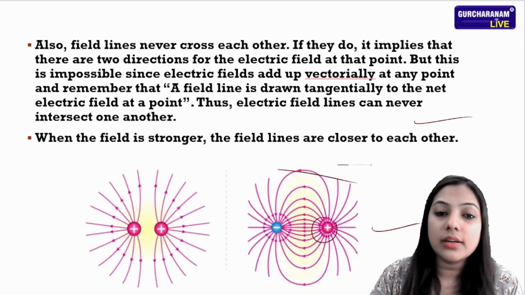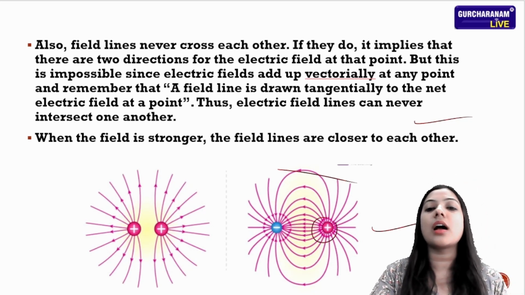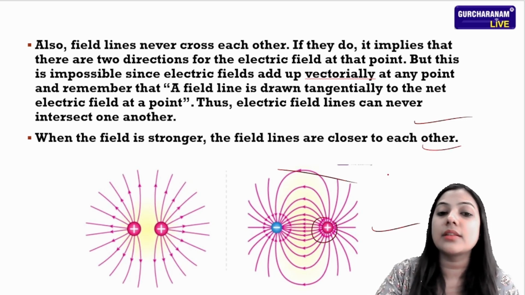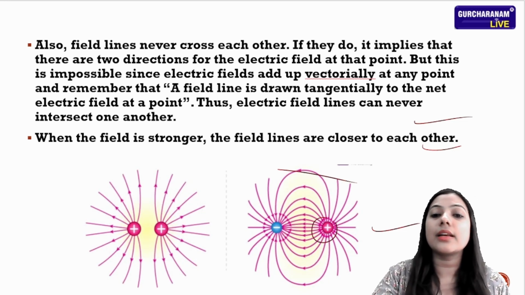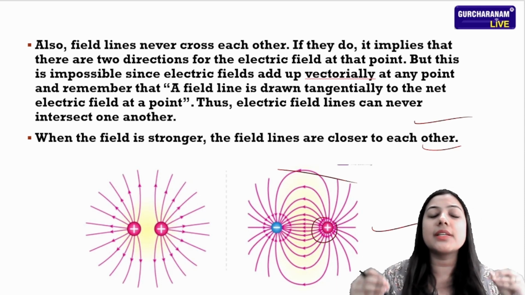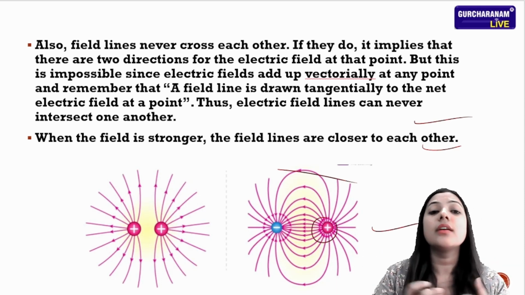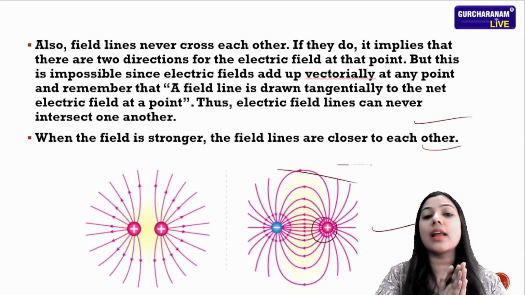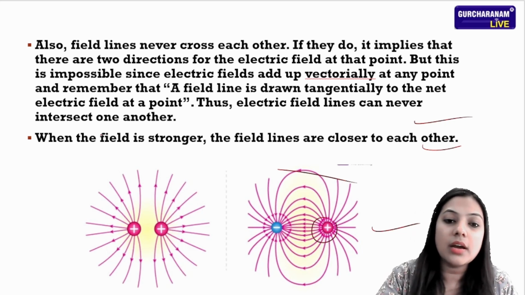When the field is stronger, the field lines are closer to each other. This point is very important. When the electric lines of force are close to each other, you can see in this diagram all the lines are very close, so we can say that the electric field is very strong here.